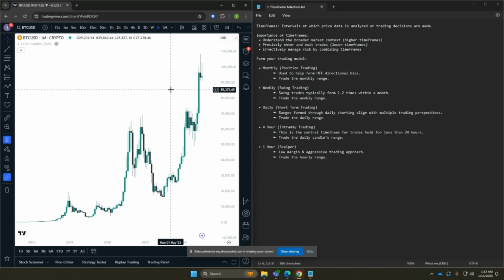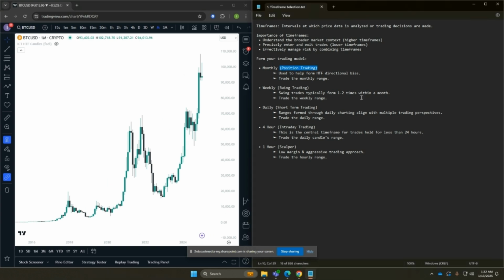So when you look at the monthly chart, we want to think in terms of position trading. This is used to help form HTF directional bias. So it's just higher time frame. When we look at price, we start from the top and then we work our way down.